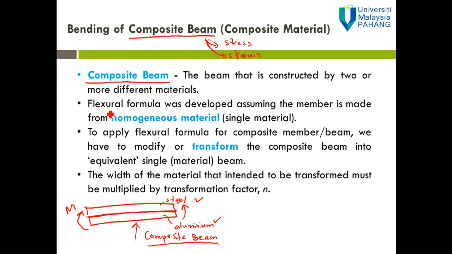The flexural formula was developed assuming the member is made from homogeneous material. This is what I explained before. Sigma equal to My over I. This is the flexural formula, but it is only valid for homogeneous or single material. So in order to apply this equation for the composite beam, we have to transform the composite beam into an equivalent single material beam.